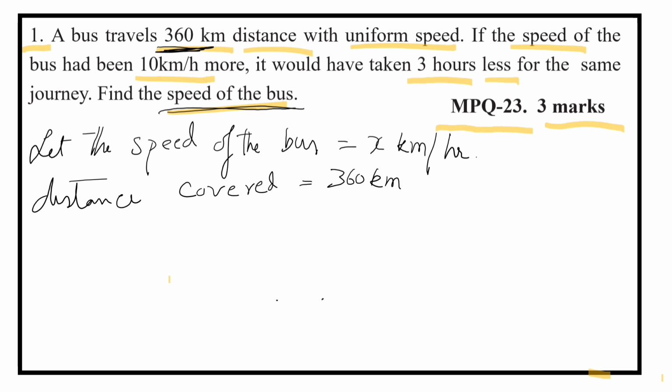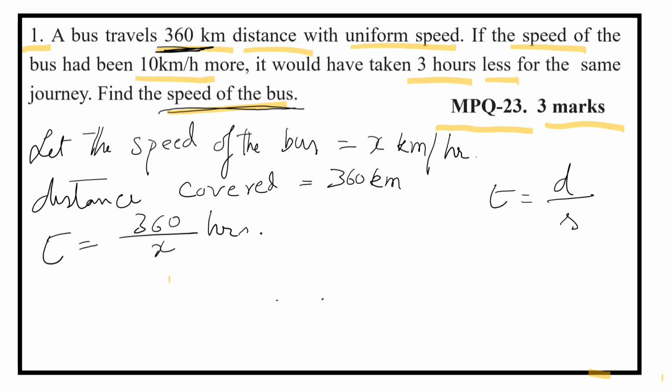We know the relationship between distance, speed and time. What is it? Time is equal to distance by speed. So here in this case, when the bus travels a distance of 360 kilometer with the speed of x kilometer per hour, then the time here is 360 by x hours, isn't it?